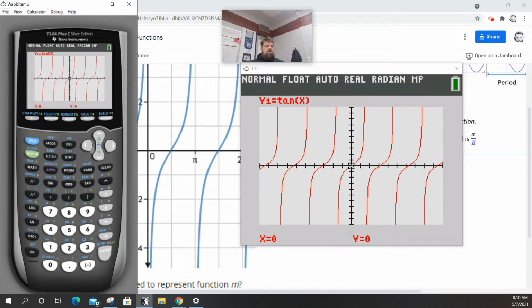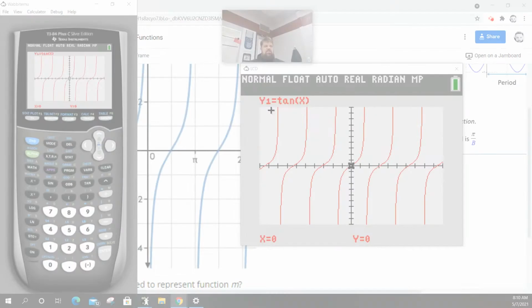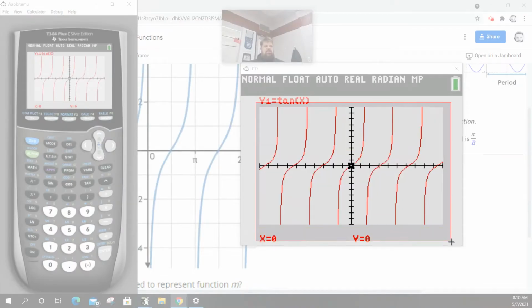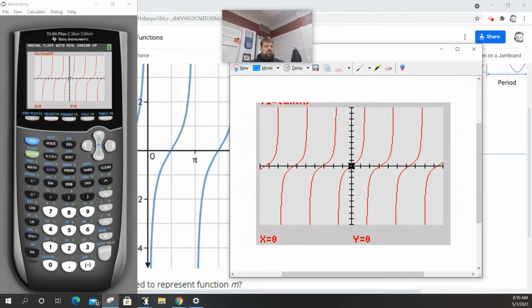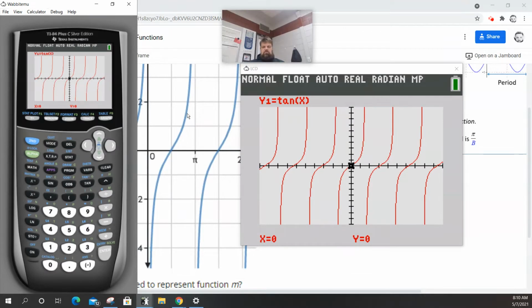Notice that it crosses through the origin, right? See that point there? Notice that it crosses through the origin. Oops, that's not the right picture I want.